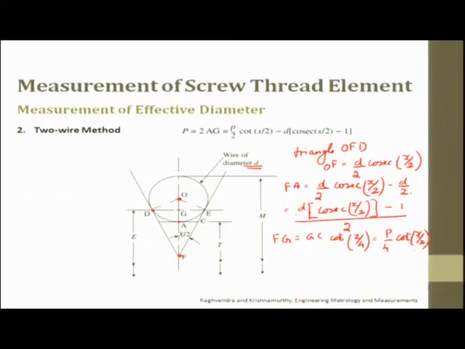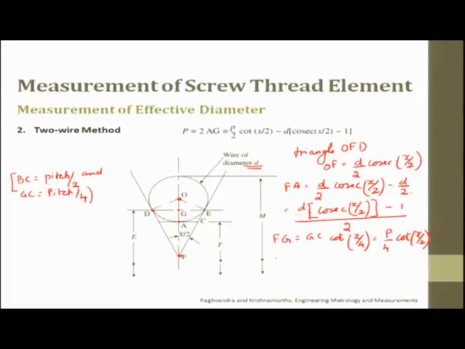Okay. So, here we should understand BC is equal to pitch by 2, and GC is equal to pitch by 4.